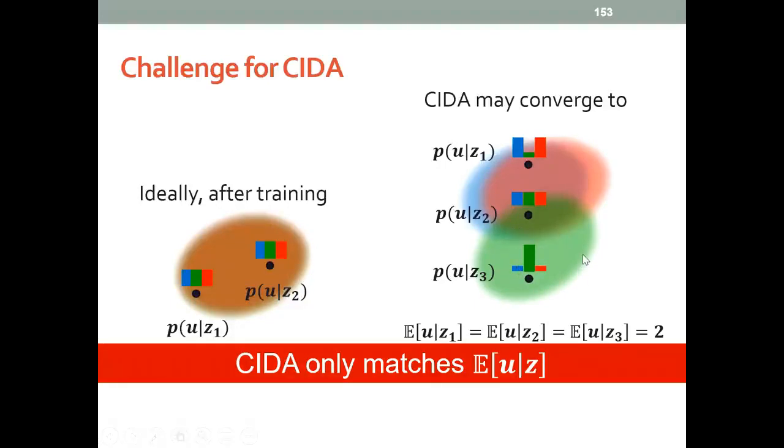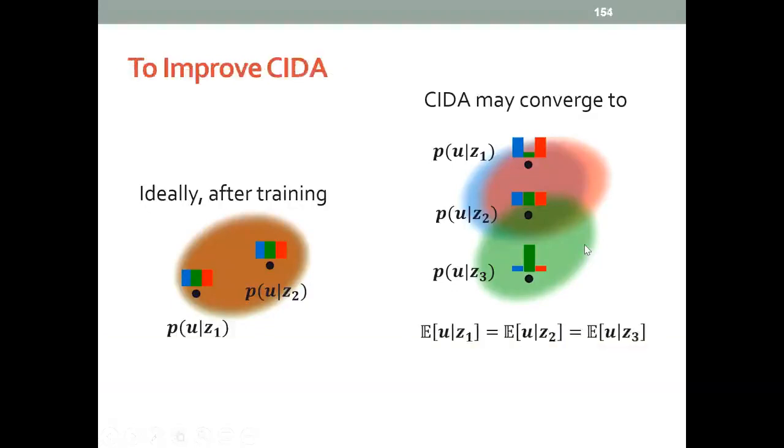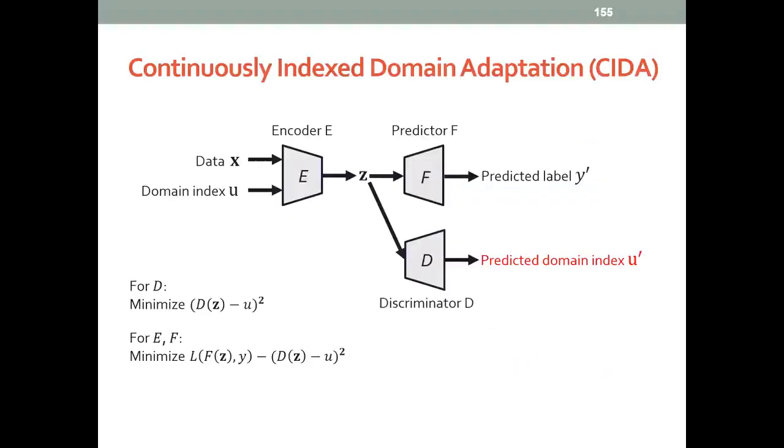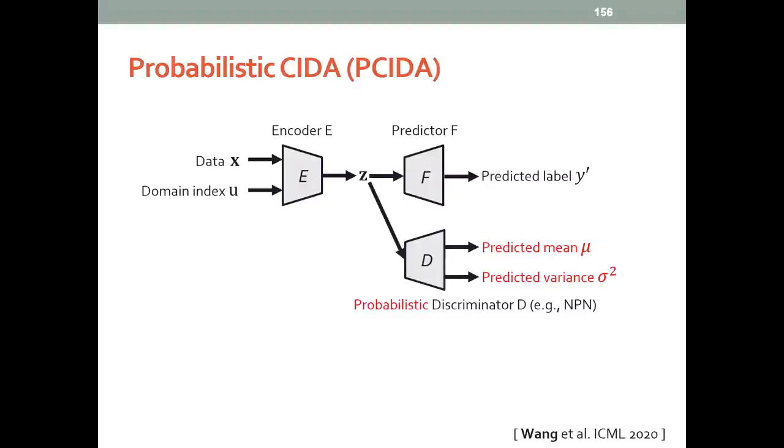And so to alleviate this problem, we find that we can actually match the variance as well. And fortunately, we can do this by a simple modification of the model. So instead of predicting the domain index directly, in the probabilistic version of our model, we will just predict both the mean and variance of the domain index.